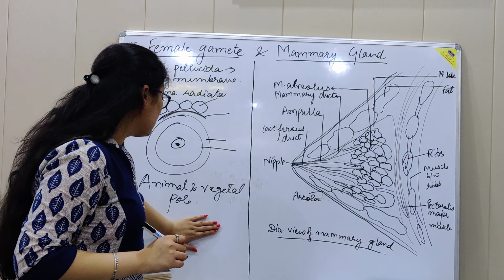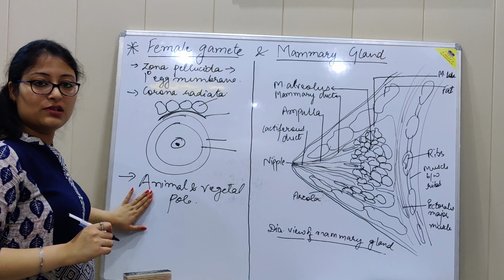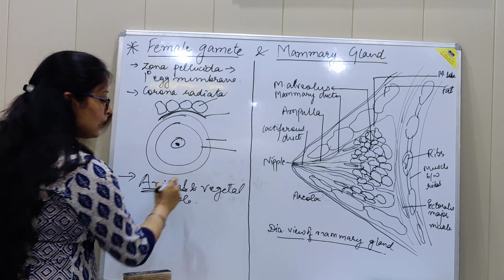There is a difference between these poles. Sperm entry will occur on animal pole.